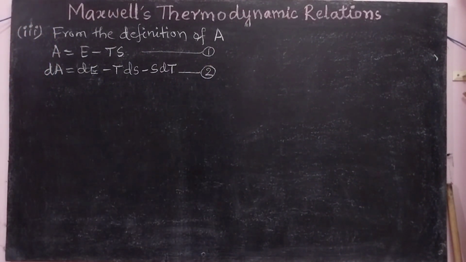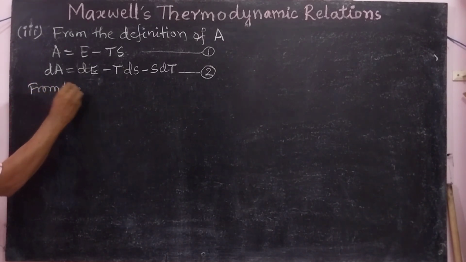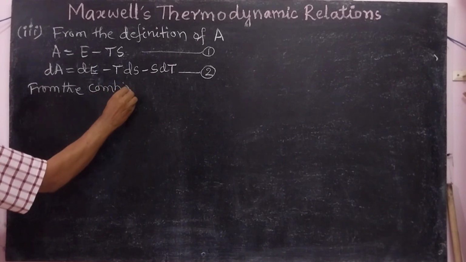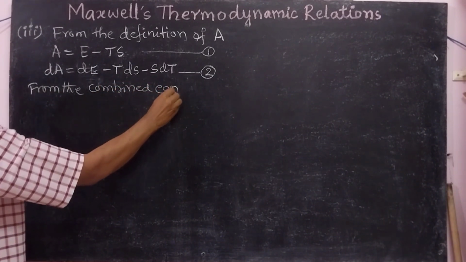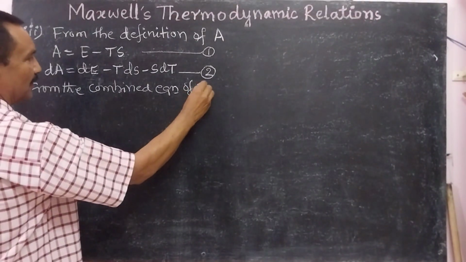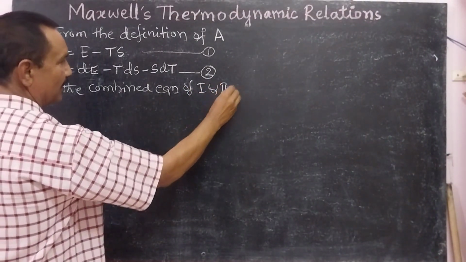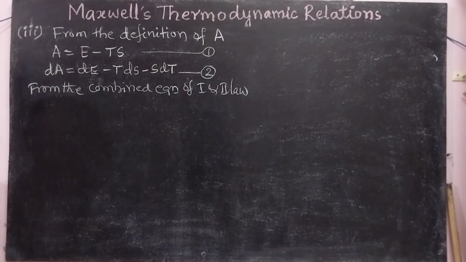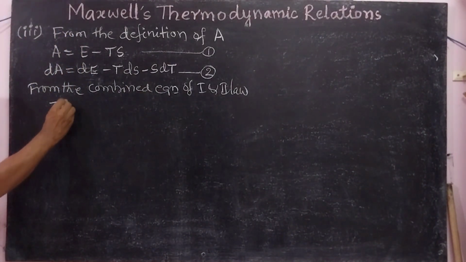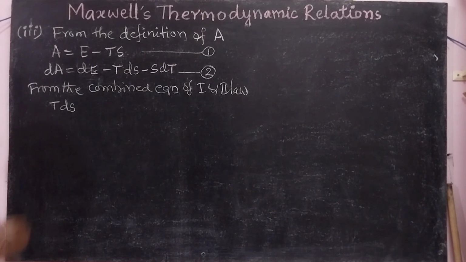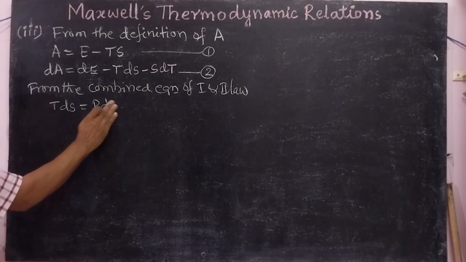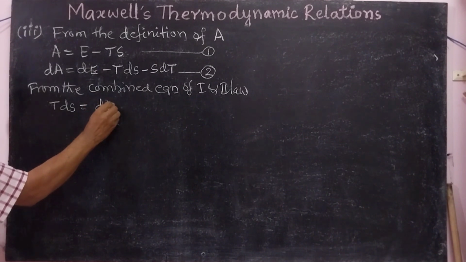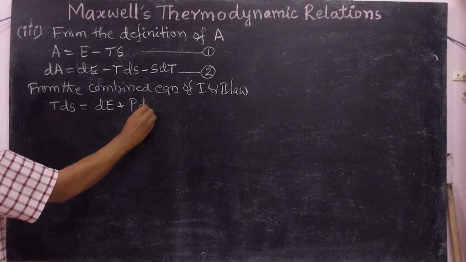Then we know from the combined equation of first and second law, we have T dS is equal to dE plus P dV.